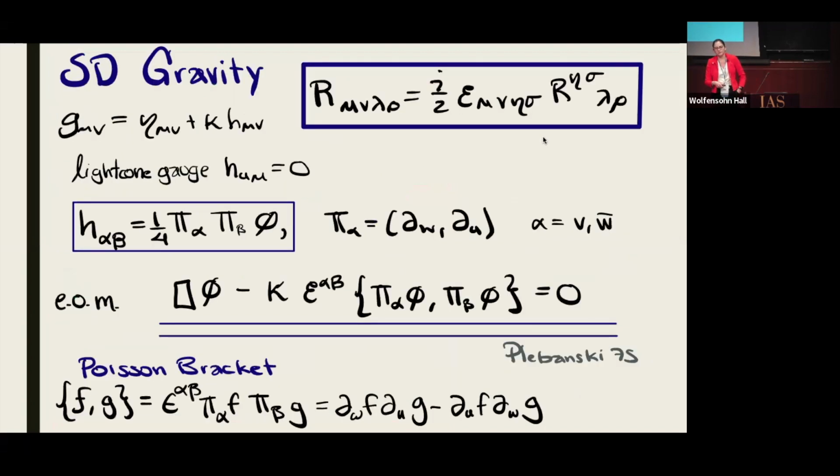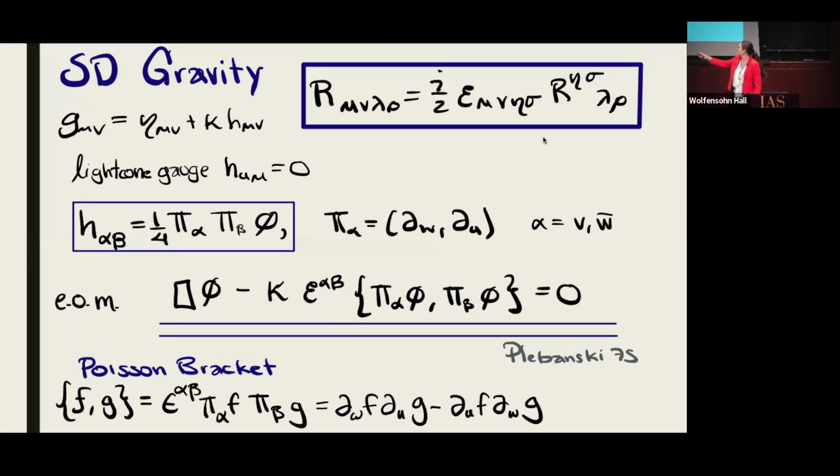So let's look now at the gravitational case. It's very similar to the Yang-Mills case for self-dual gravity. It was actually done in the 70s, so a long time ago. And the idea, again, is to work in light-cone coordinates, light-cone gauge, which sets one of these components to 0.